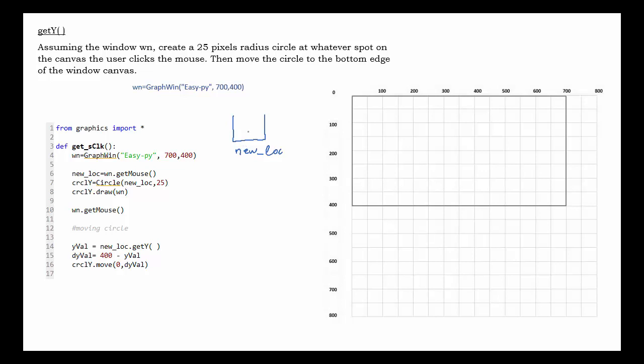In other words, this bucket will hold two numbers. The first number will be the location of that point along the x-axis, and the second number will be the location of that point along the y-axis.